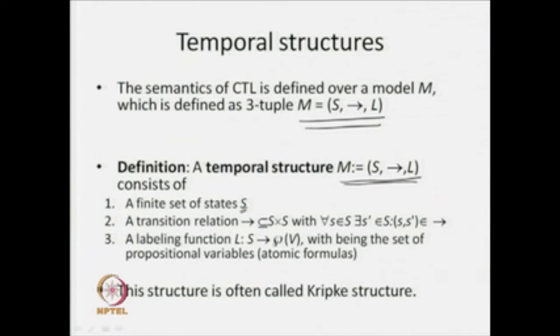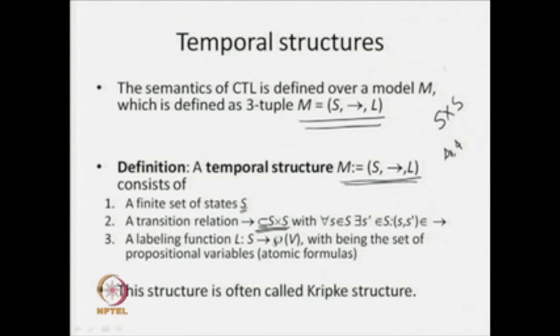The second one, the arrow that we are representing, is a transition relation, and a transition relation is nothing but a subset of the Cartesian product of S and S. That means we have a transition from one state to the other state. That is why we say it is a subset of this Cartesian product S and S. The Cartesian product S and S basically gives components like S0 and S1.